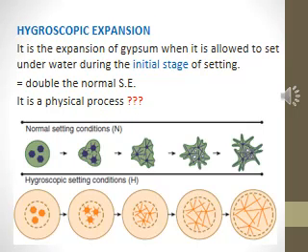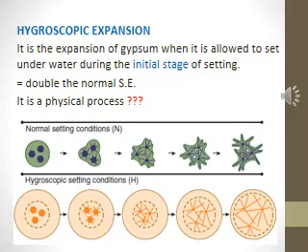Hygroscopic expansion is a special type of expansion that occurs in gypsum when it is allowed to set underwater, specifically during the initial stage of setting, while the crystals are still growing. When you take the model during setting and immerse it in water, hygroscopic expansion can occur.